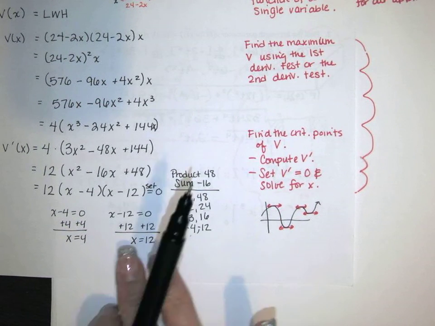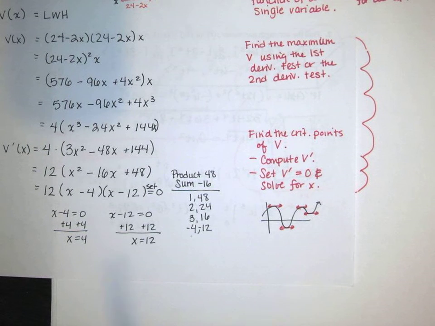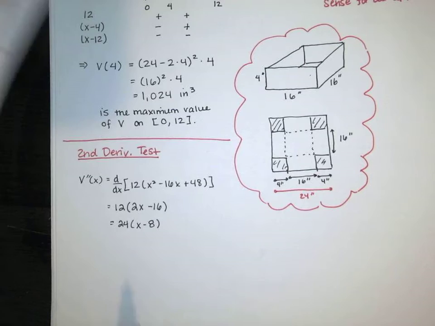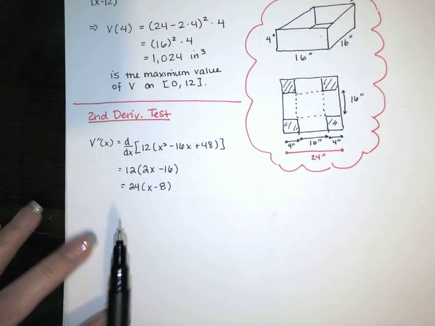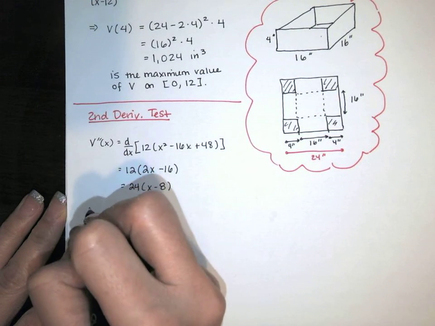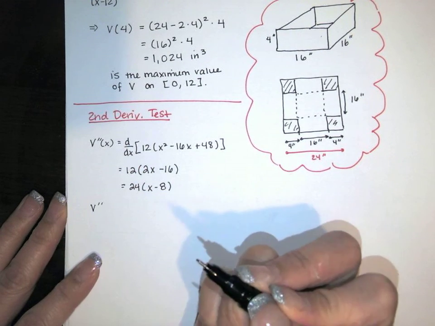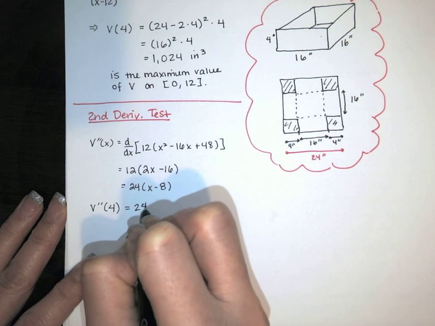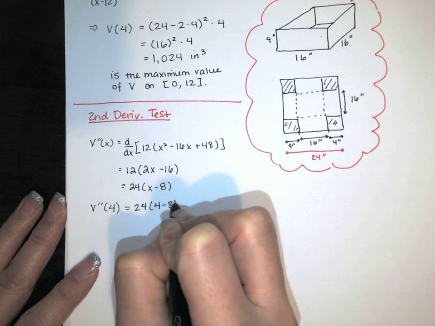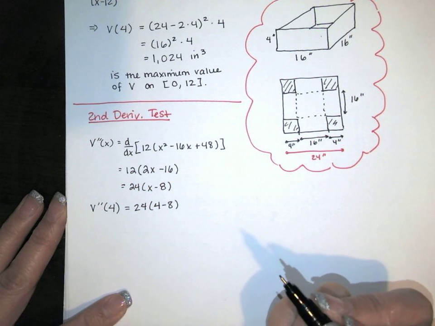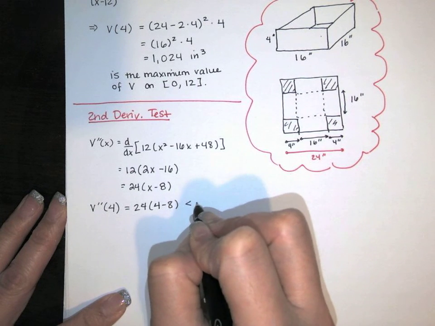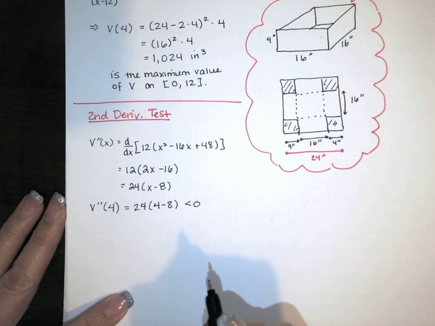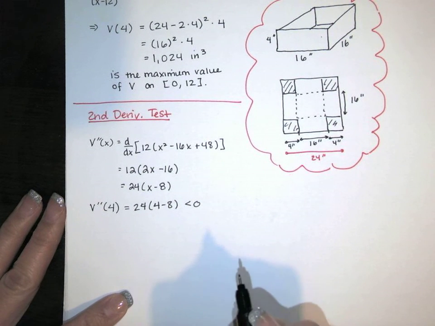So we found those x values. They happened to be 4 and 12, and then 12 was on the end point of our sort of realistic domain. So x equals 4 is really the only critical point that we're interested in. If I want to test x equals 4, if I want to determine if we have a max or a min there, I can evaluate the second derivative at 4. 4 minus 8 is negative, times 24, still negative. So second derivative is negative. Now remember what that means.